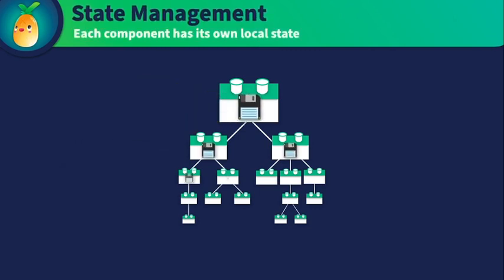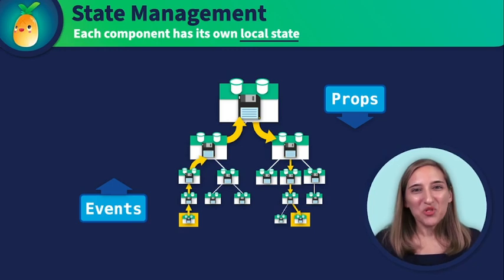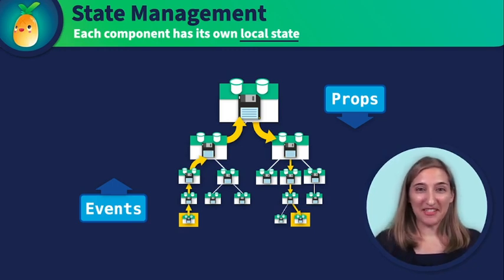Your components will need to share state and communicate state changes to and from each other. Theoretically, we could emit events upwards and then use props to pass that state back down. But I'm sure you can see how this can quickly get messy, hard to maintain, and even harder to debug.